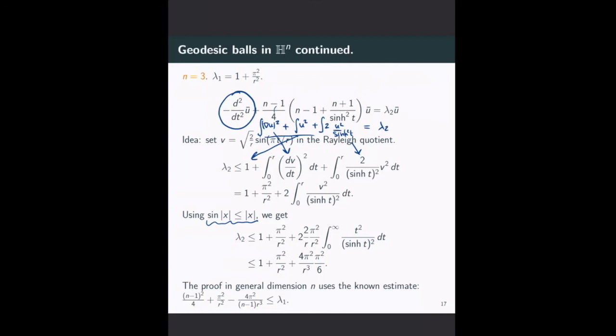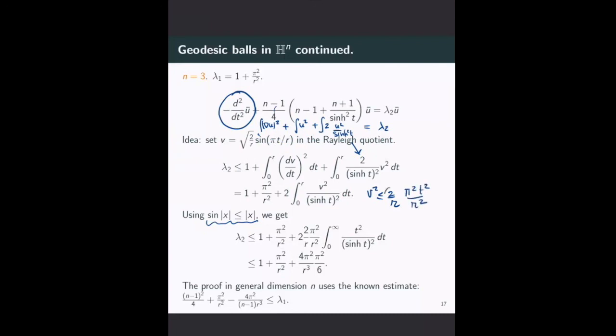So v square is less or equal than 2 over r, pi square t square over r square.